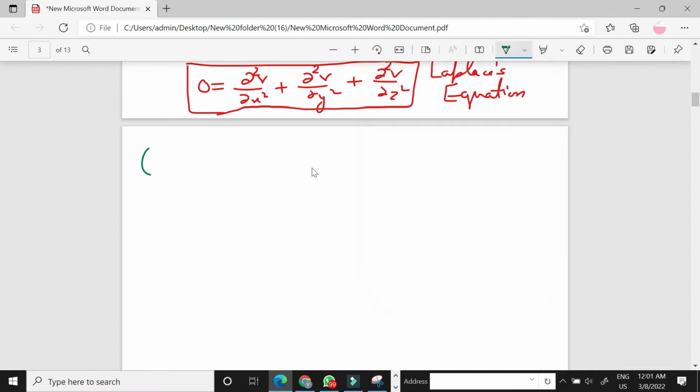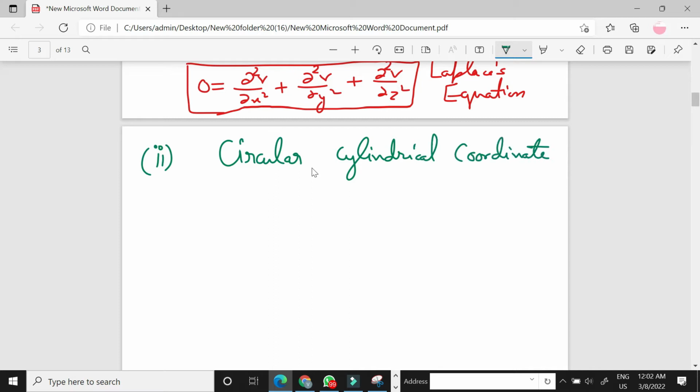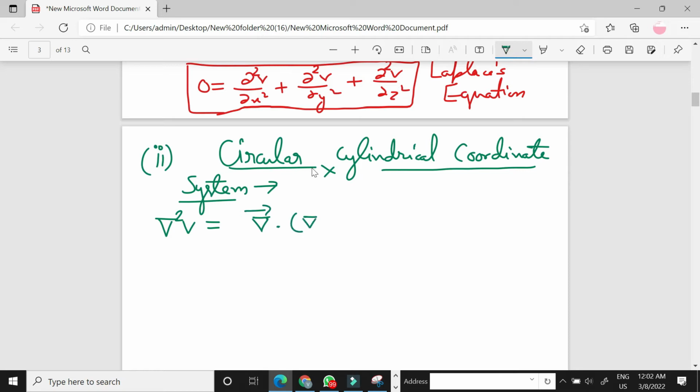Now, the first coordinate system is circular cylindrical. So del square V is equal to del dot del V. What is del in circular cylindrical?